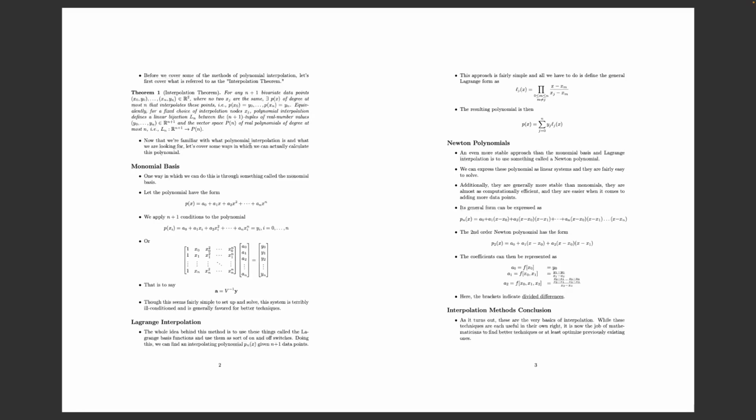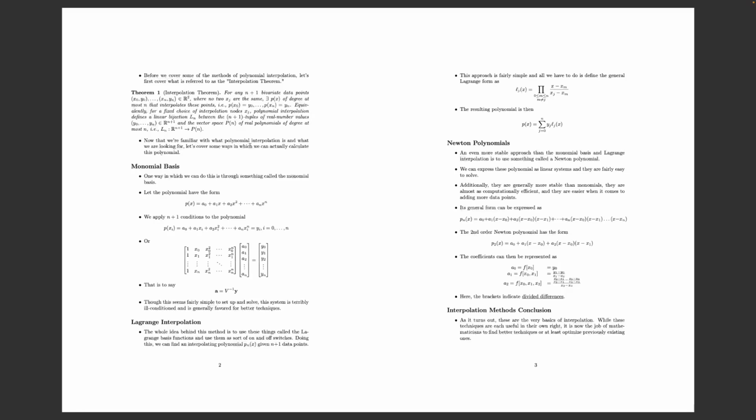So no 2 x sub j are the same. Then we say that there exists a polynomial p of x of degree at most n. That's very important. We say degree at most n. That interpolates these points, i.e. p of x naught equals y naught all the way up to p of xn equals yn. So we would say that p of x sub 1 equals y sub 1, p of x sub 2 equals y sub 2. So as previously mentioned, we want some polynomial to equal our data point for every value of i on the interval.